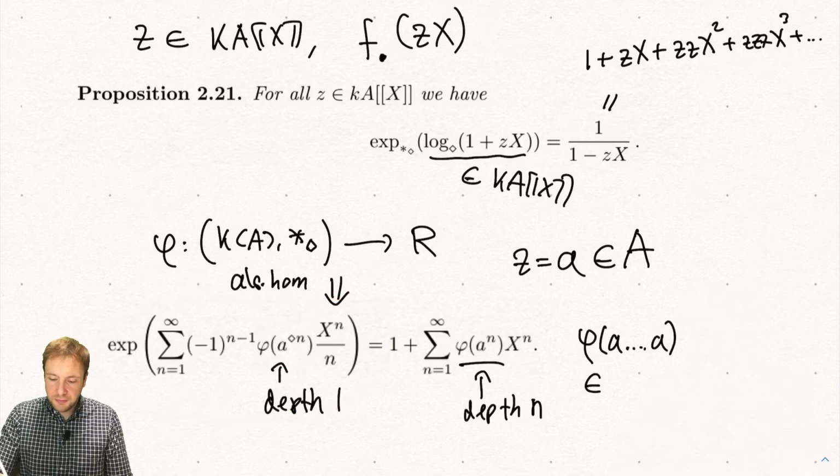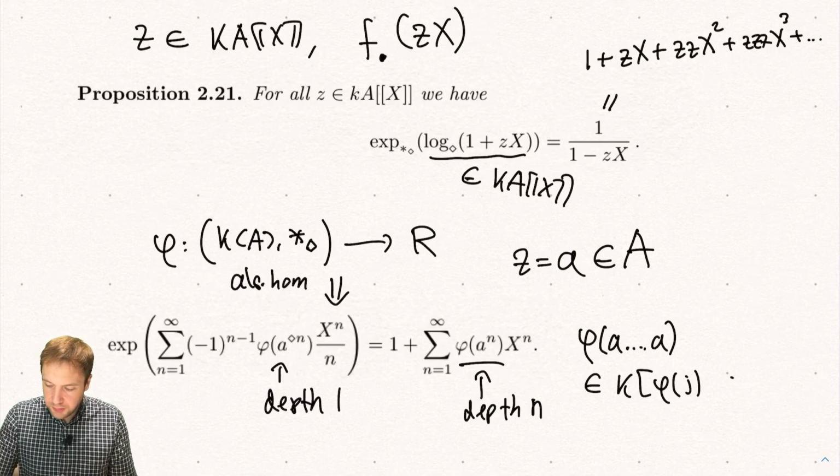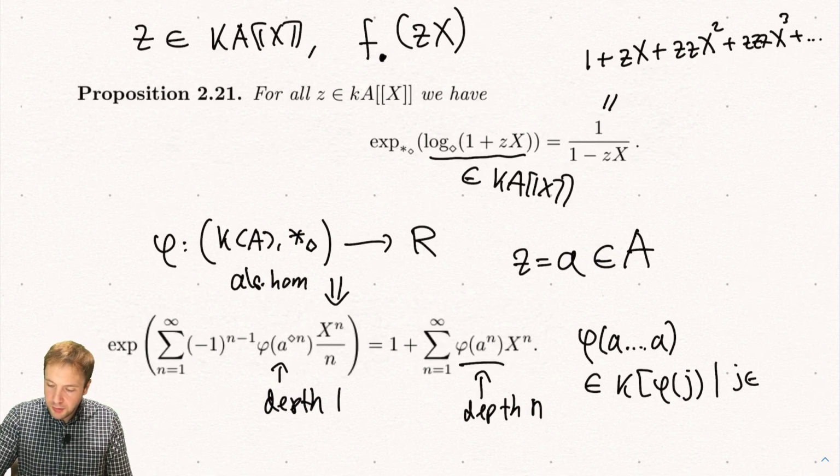So this is in the polynomial ring phi, let's say j, where j is just some letter.